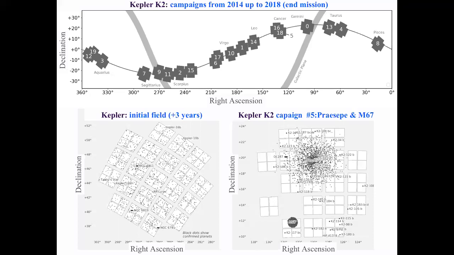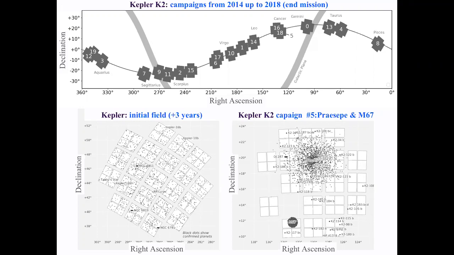new strategy, just pointing to very specific places along the ecliptic, very specific positions on the sky, with pointings that lasted only 3 months each, but that contained very interesting astronomical objects.